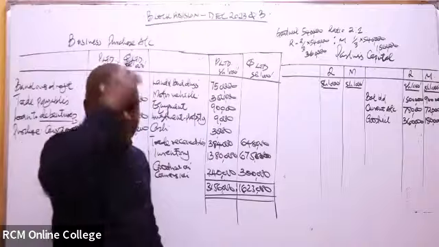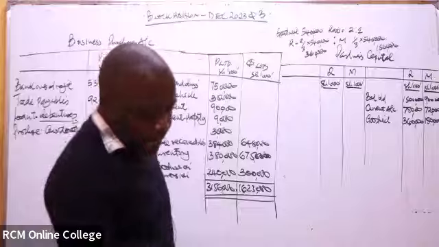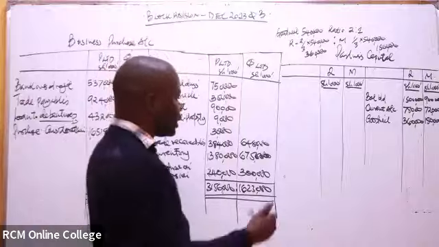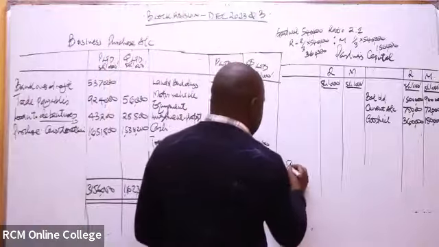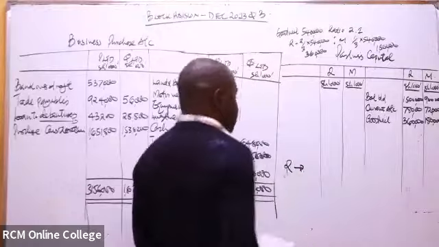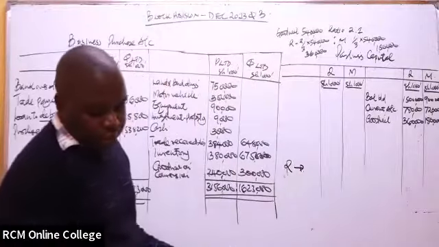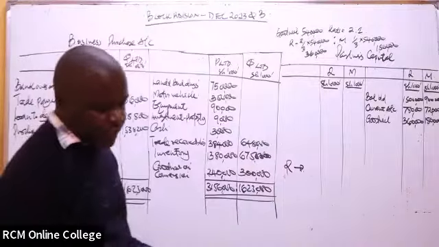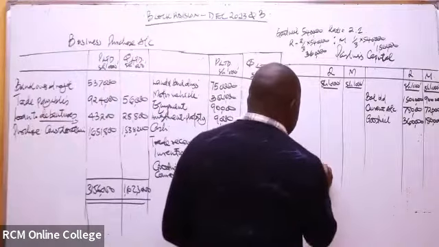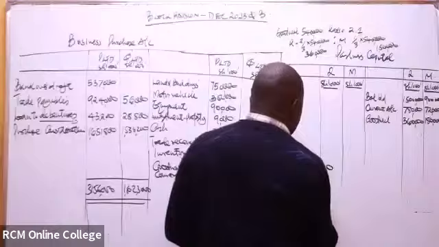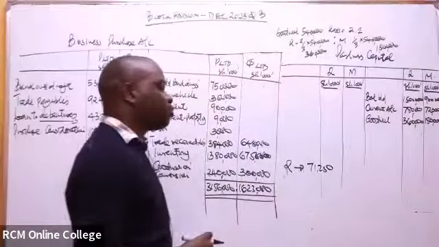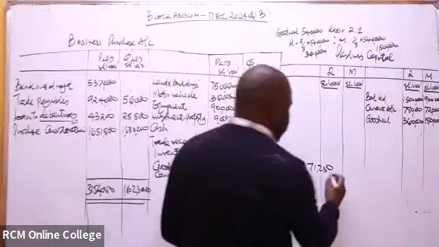Of course now you have two companies. We are told R, this person you are calling R, took over 71,250,000 shares. Our figures are actually in thousands, so you don't have to put that 1,000 there.